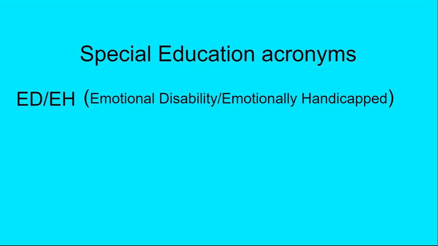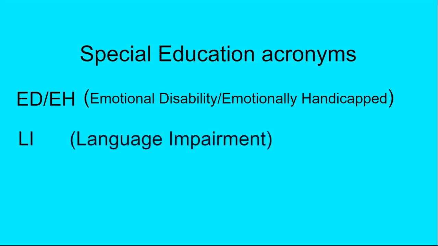But emotional disability typically refers to students that have emotional disorders such as depression, anxiety, it may be bipolar, or schizophrenia. I've worked with a number of students that have ED and EH, and not all special ed teachers have a license for this. So if your child has this kind of disability, they may have two special ed teachers, a teacher of record and a teacher of service.